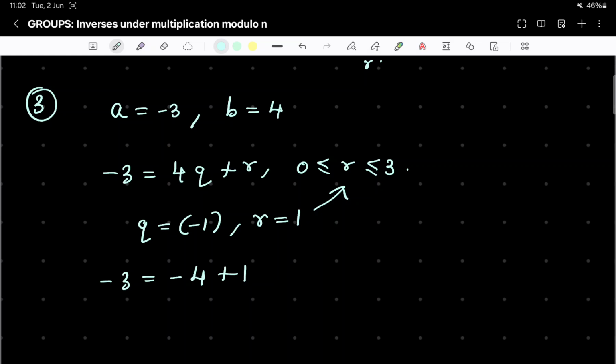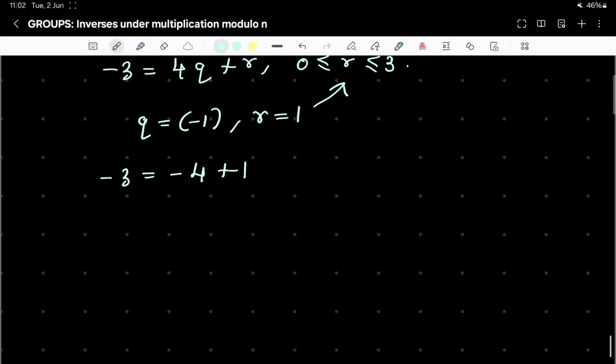Given A and B positive, you can always write A equal to BQ plus R, where Q and R are unique integers. And why is it useful? Now, how do you find the GCD? To find the GCD we need an algorithm.